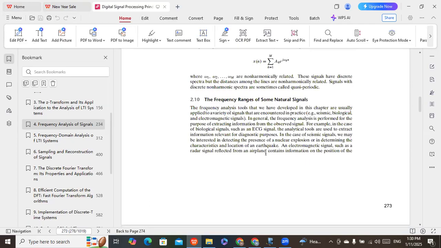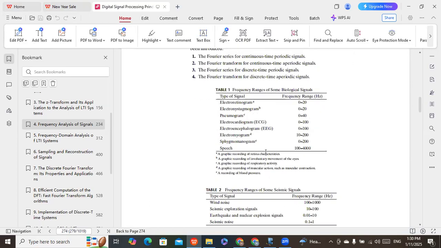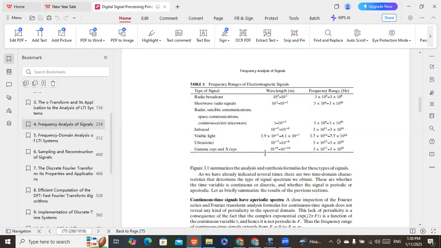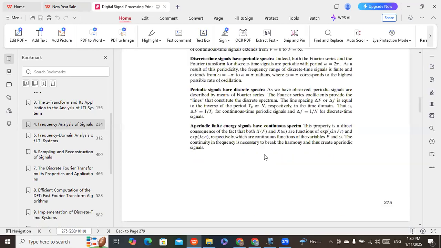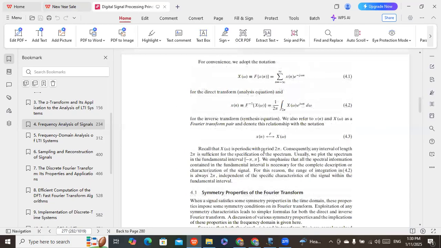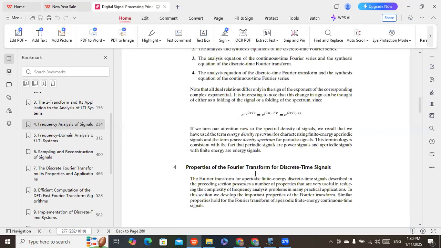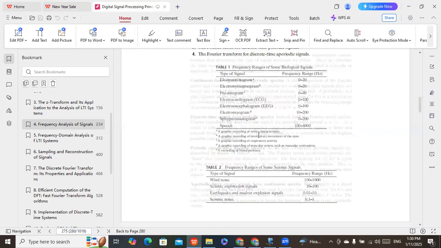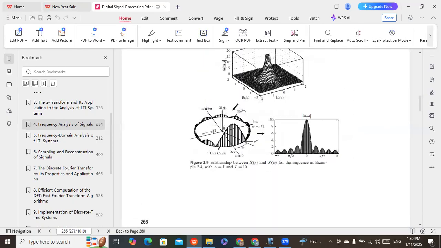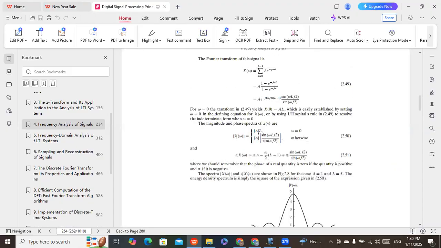Related to this Fourier series, we have some properties. Properties mean that if you see some common thing, it is considered a property.